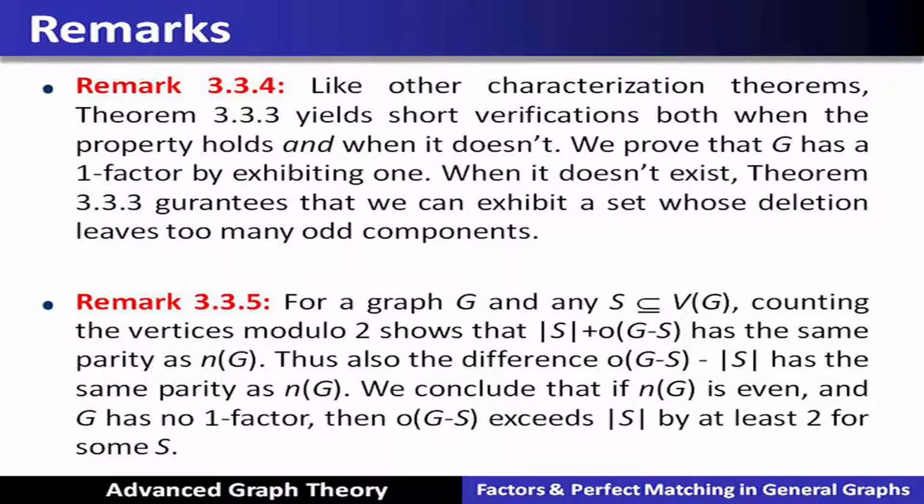So, we conclude that if n is even and G has no one factor, then the number of odd components exceeds S by at least 2 for some S. So, in this way, if there is no one factor, we can also estimate the size of the maximum matching by taking this difference.